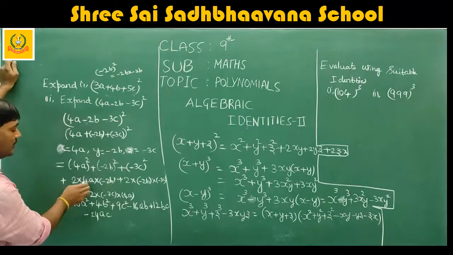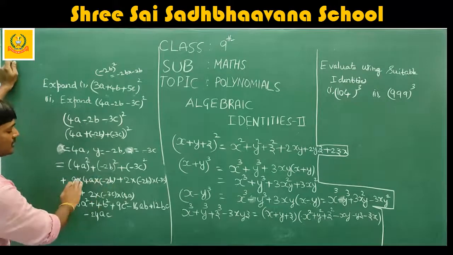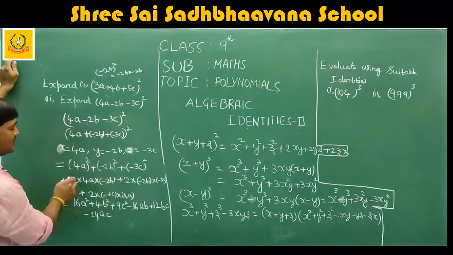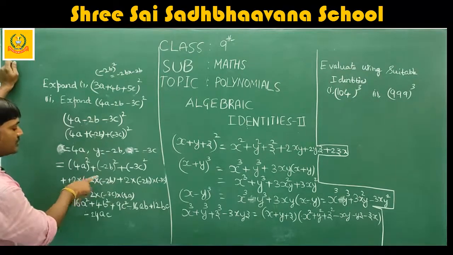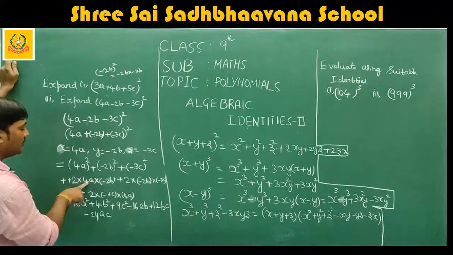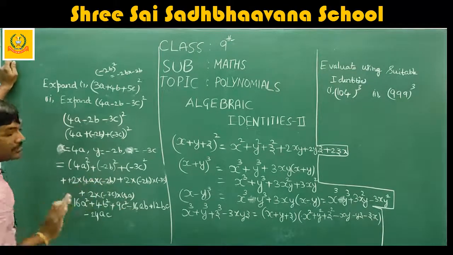Here you see the sign, plus into minus, plus into minus, minus. So before only, just write the signs first. Here plus into plus into minus, so minus. So 2 into 4, 8, 8 into 2, 16, so minus 16ab, that's all.